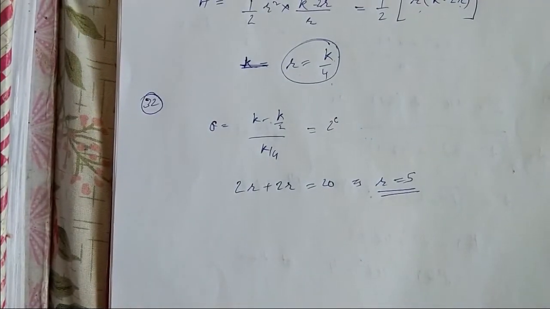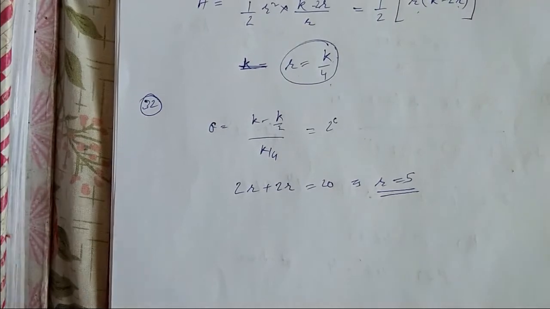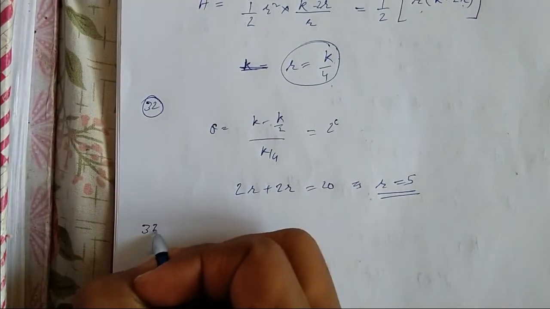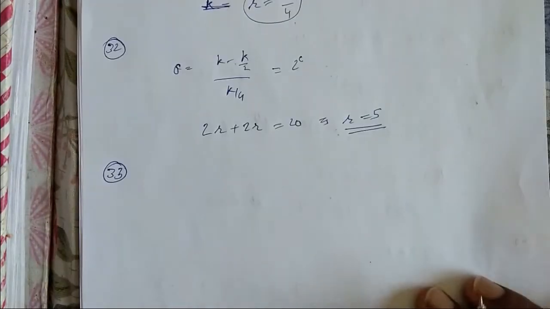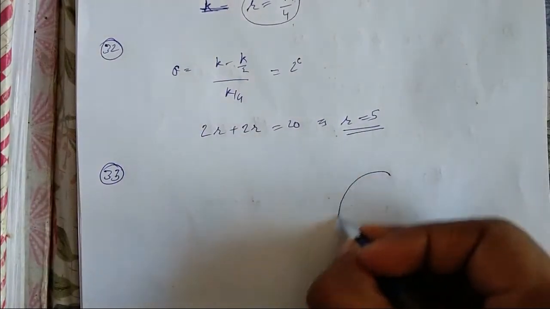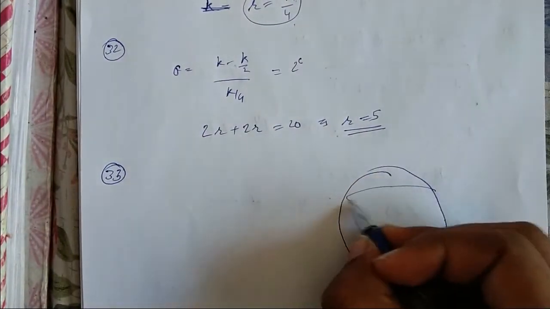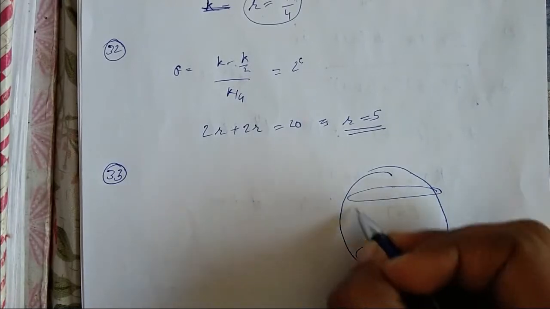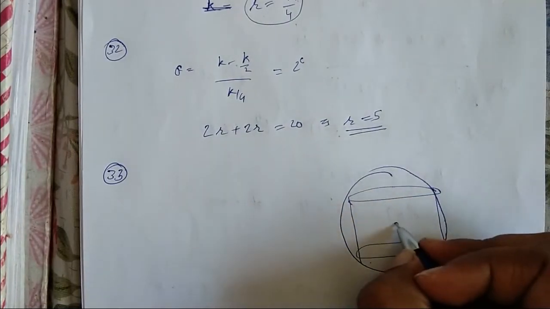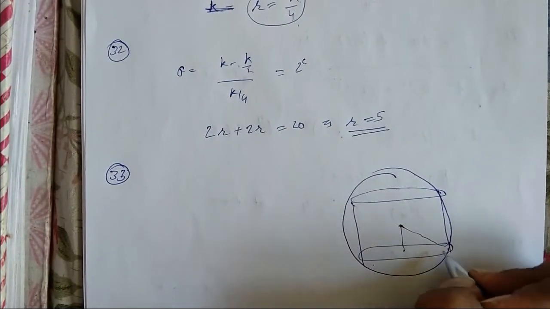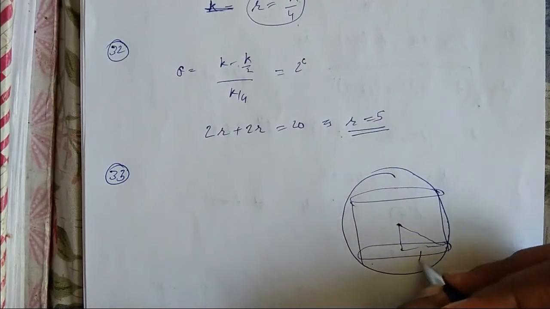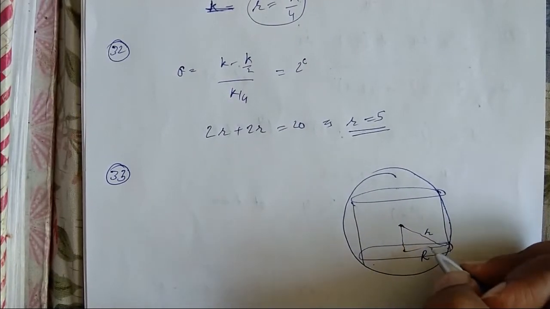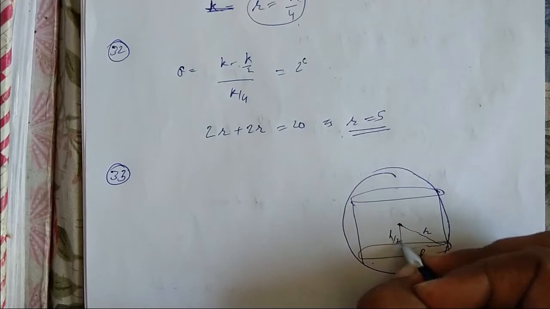The height of the cylinder of maximum volume that can be inscribed in a sphere of radius r is. Okay, so let's draw a simple diagram first. So let this be the cylinder of height h and radius capital R. Hence this would be h by 2.